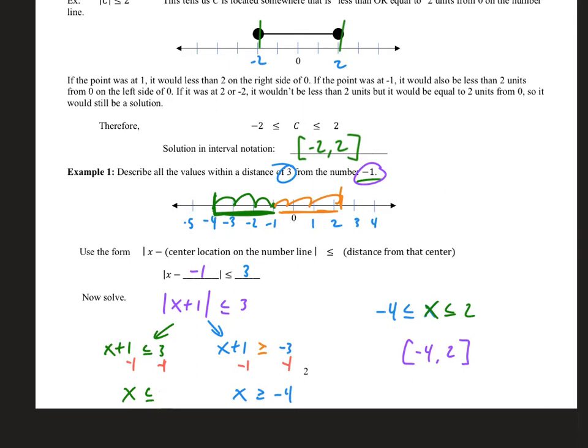If the problem had been different, if we had solved it and it came out this way, let's just imagine the numbers had been flipped. So we'd say, can a number be less than -4 and bigger than 2? Are there any numbers that are less than -4 and bigger than 2? No. And so all we'd have to do at that point would be say, well, this is an OR problem.